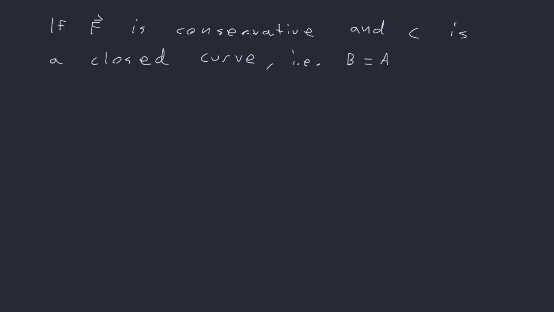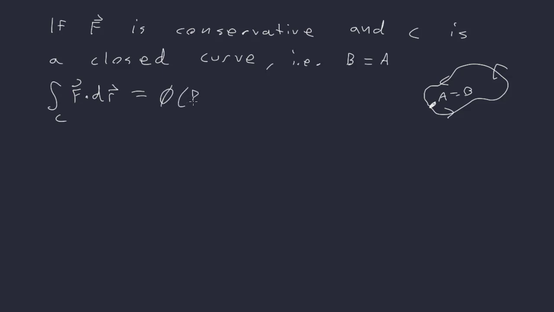This also gives us a really nice property: if F is conservative and C is a closed curve, i.e. B and A are the same, it has the same starting point as it does ending point, that means always that the integral of F dot dr over this C will be phi of B minus phi of A, but they're the same, so we get 0.